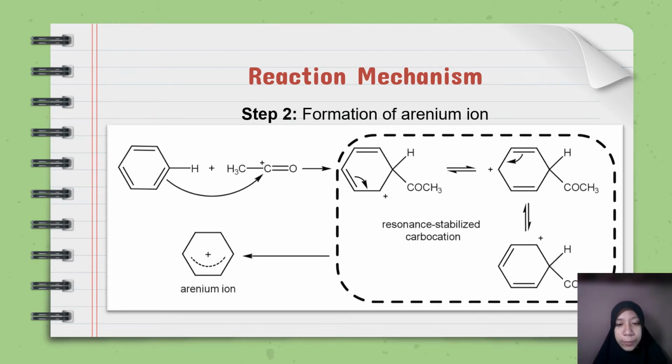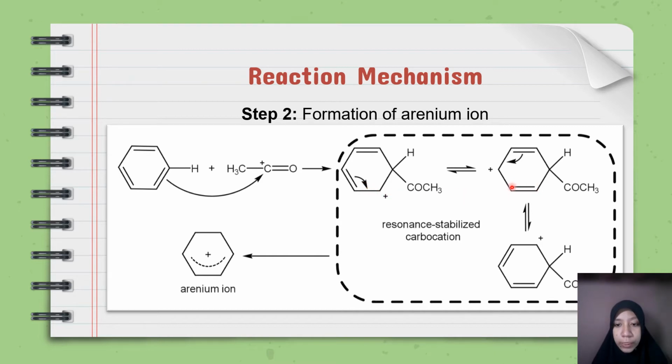Step 2. Formation of arenium ion. Benzene is an electron-rich molecule, so it is a nucleophilic site. This nucleophilic site will be attacked by the electrophile to form an arenium ion. The electrophile will attach to the C, same with H. The other C, which previously had the double bond, will now become positive. This electron will move here to make this C neutral.